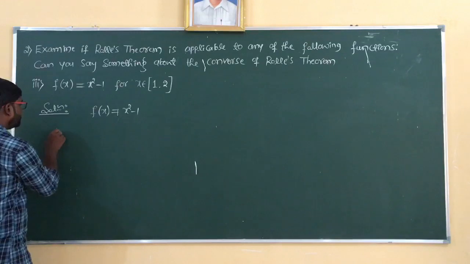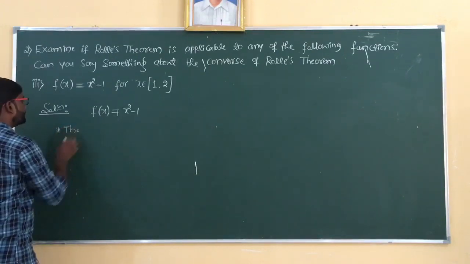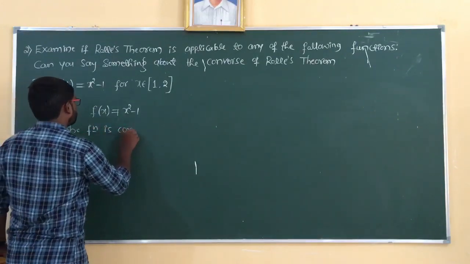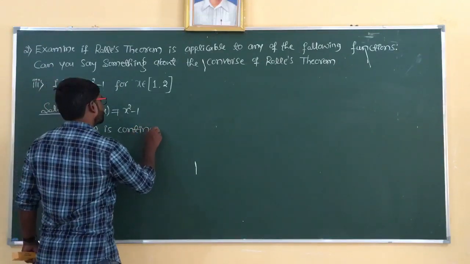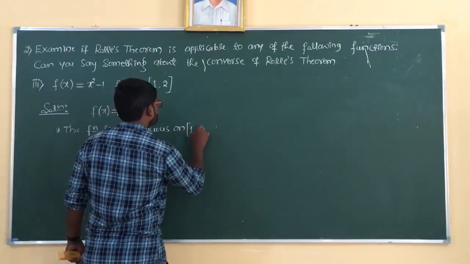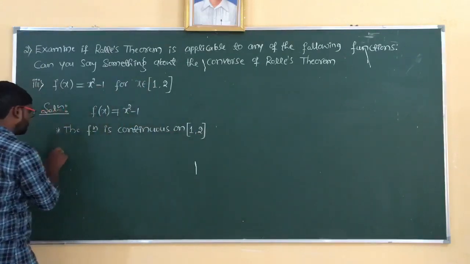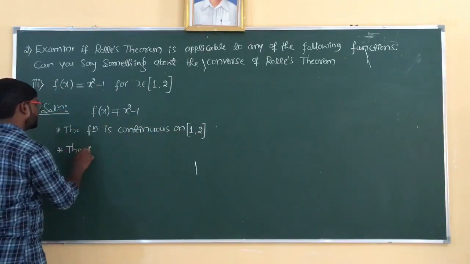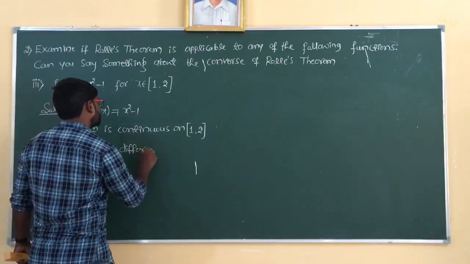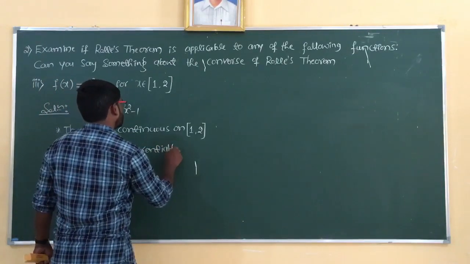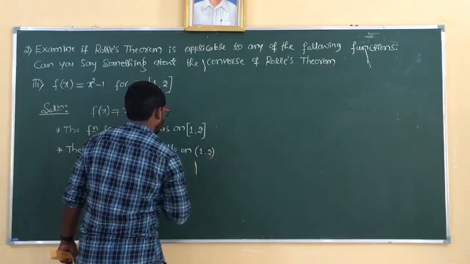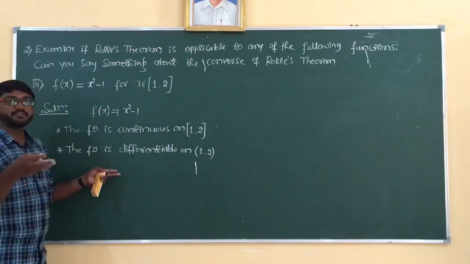So now the function is continuous on closed interval 1 comma 2, and then the function is differentiable on open interval 1 comma 2. So now we have to check whether f of a is equals to f of b or not.